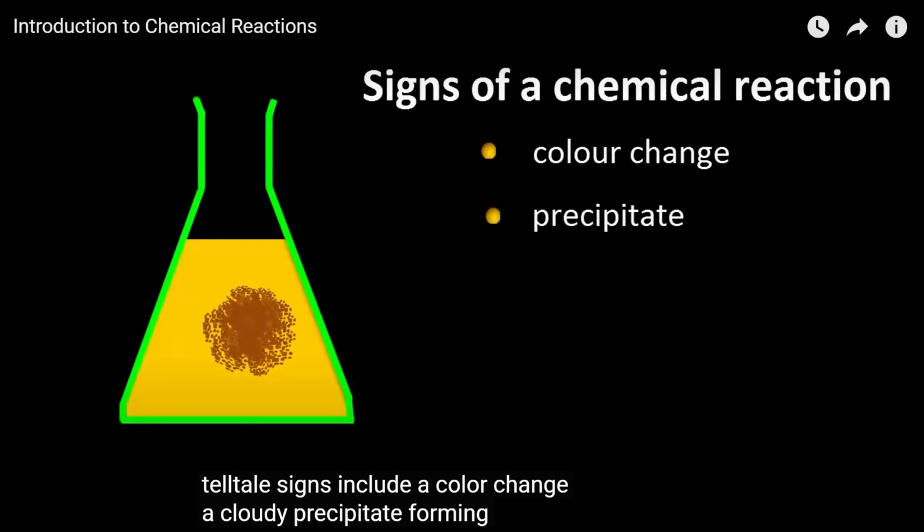Okay, so you guys, I did not leave you space to write this. I don't know what's wrong with me, but at the bottom of page 12, you can kind of work it around where it says the energy required to break the bonds in the reactants is called the activation energy. So you could write signs of a chemical reaction. And the first two are called color change and a precipitate.